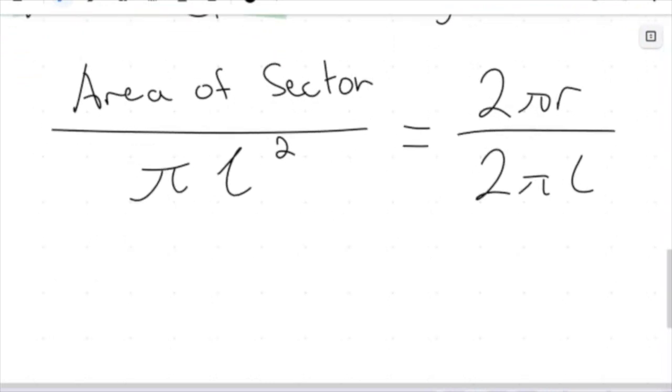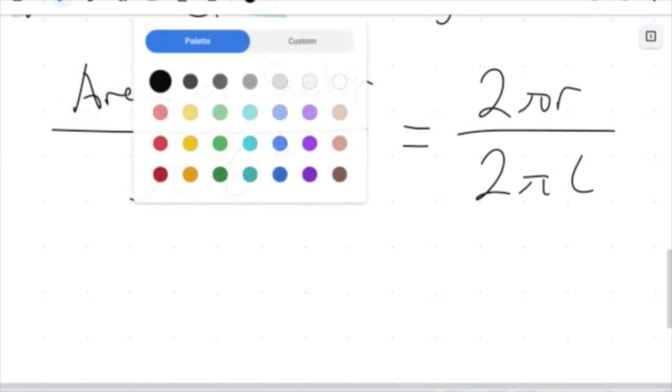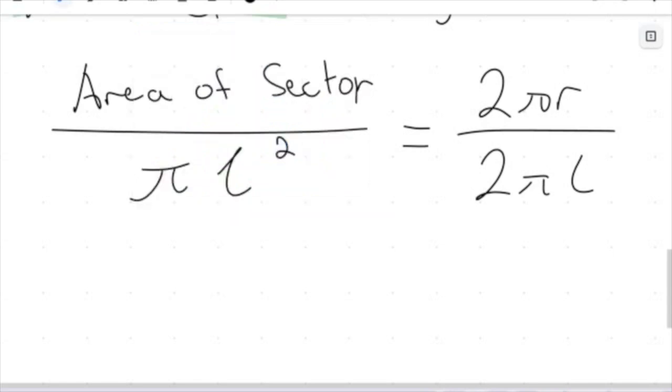And now I want to solve this equation here. I want to get the area of the sector, my expression for this, on its own. So to solve this equation, I'm going to times both sides by pi L squared. I want to undo the dividing with this denominator here to give me the area of my sector on its own.